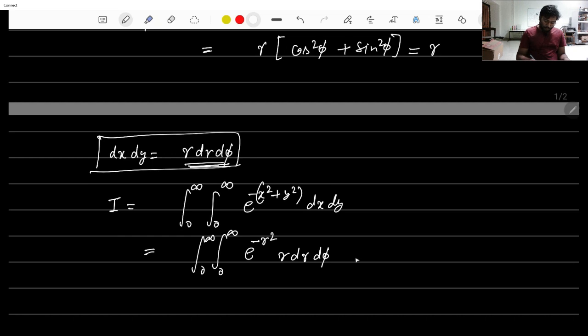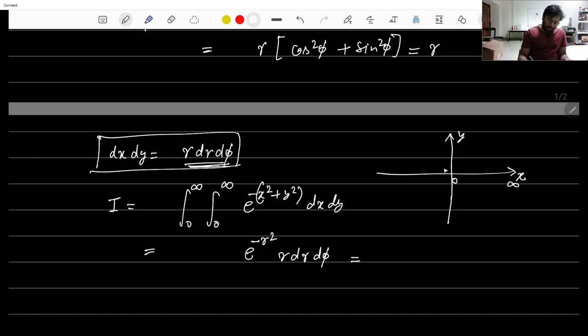Now, what you have to do is take the phi integration outside. One more thing, we have to change the limit. Since we have done the coordinate transformation, accordingly we have to change the limit. Suppose this is the x axis and this is the y axis. I put the limit of x from 0 to infinity, and in case of y we put the limit 0 to infinity.